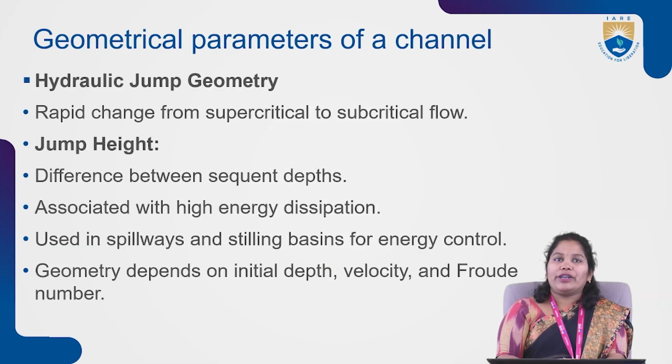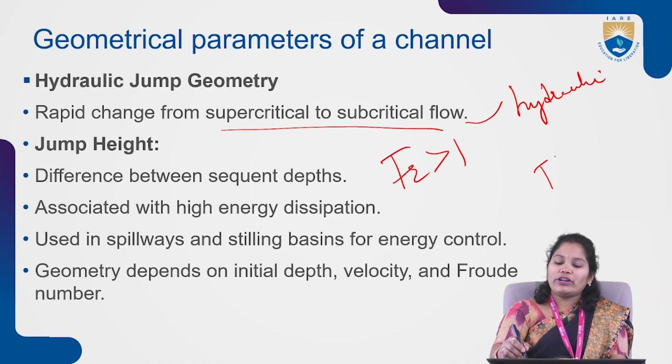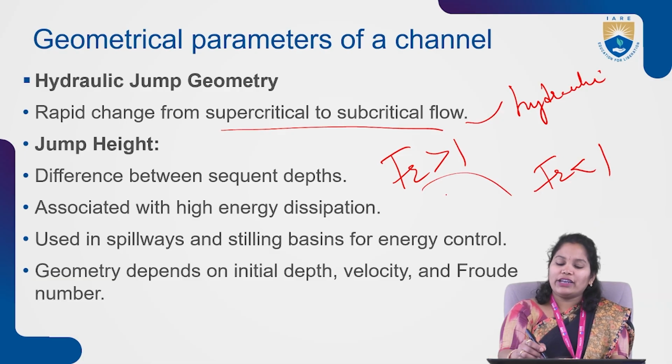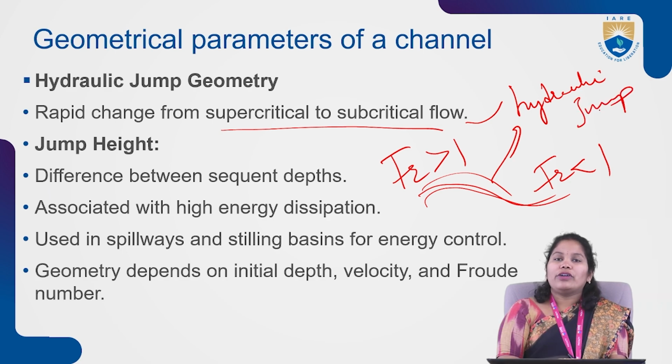Hydraulic jump geometry. When you change a flow from supercritical to subcritical, we see the formation of a hydraulic jump. That is when Froude number is greater than 1 and then less than 1, the flow changes rapidly; we see a sudden variation in the hydraulic jump, right?